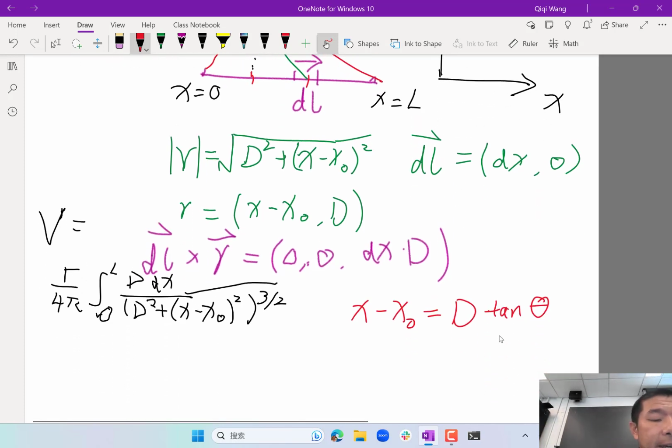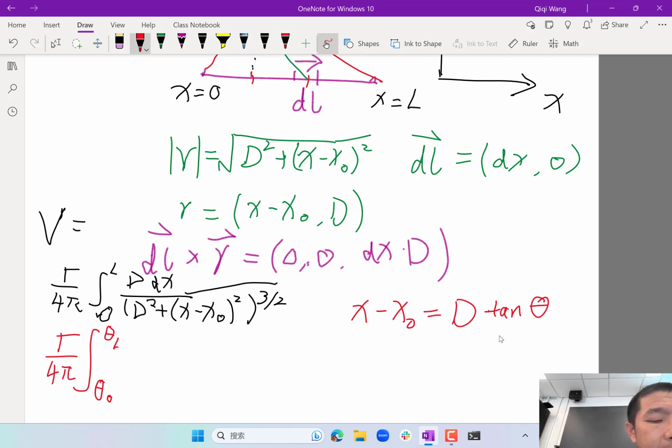So this integral now becomes gamma over 4 pi, which is still outside. The ends of the integral would go from theta naught, which in this diagram is going to be a negative value, to theta L. Okay, and the d times dx, because dx is d(x minus x naught), right? So we get a d squared in the numerator, and a d of tangent theta is what?